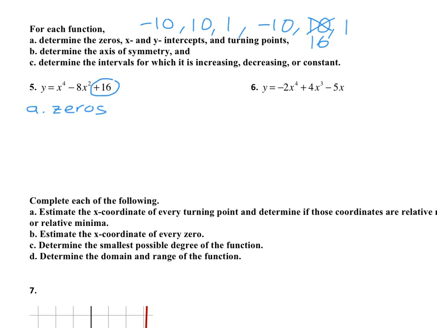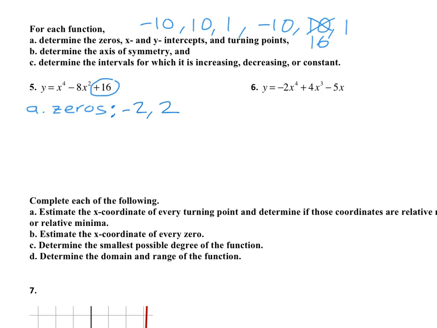So usually the trace button won't take you exactly where you want to go because it always jumps a few decimals. But if you use the trace button, you could see that the zeros are around -2 and +2. So whenever you get around the x of -2 and the x of 2, the y gets really close to 0.